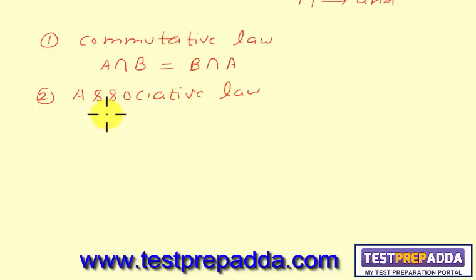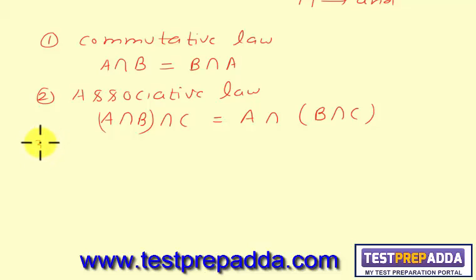What is that? I will say (A intersection B) intersection C is equal to A intersection (B intersection C). And please note, A intersection phi, this time it will not be A, because you have to write those elements which are common to A and phi, and we know phi does not have any element, so A intersection phi will be phi. Got it?